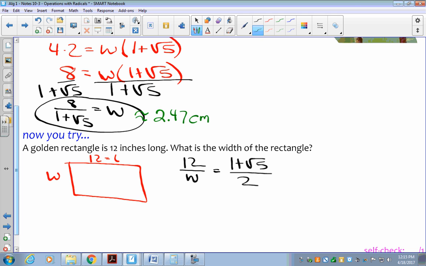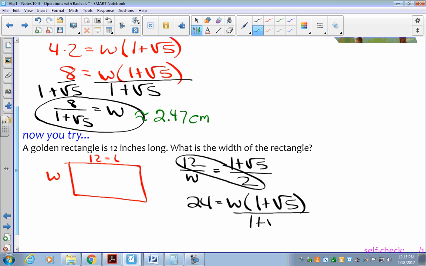And we're going to cross multiply. 2 times 12 is 24, and then W times 1 plus root 5. So we're going to divide both sides by 1 plus root 5. You can stop there if that makes your heart happy.